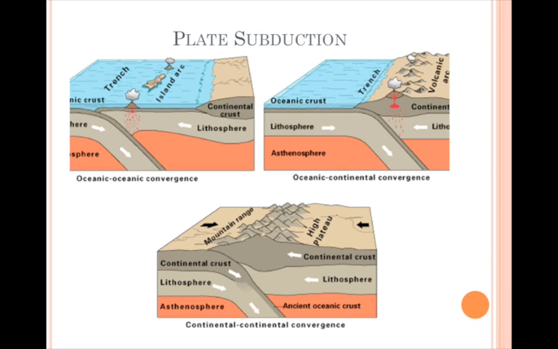And last of all, we have continent-to-continent convergence. This is where we actually have land plates pushing toward each other, and one of the plates is subducting, and the other one is forming mountain ranges.